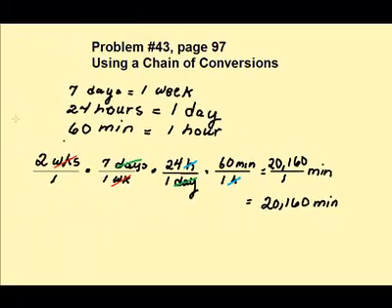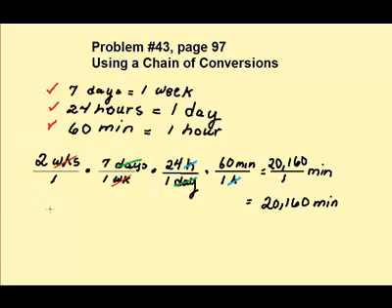Now to briefly recap things to remember here. First, we set up conversion factors. We took what we knew, 7 days in 1 week, 24 hours in 1 day, 60 minutes in 1 hour, and jotted those down.